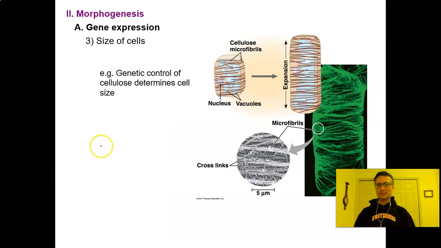Finally, gene expression can determine the size of the cells. And I won't talk a lot about this other than just to give an example of how cell size might be determined by something that's under genetic control, such as the placement of cellulose around the cell wall.